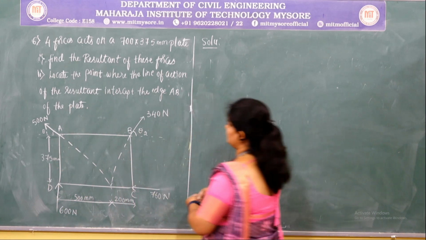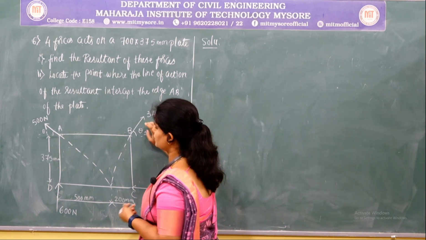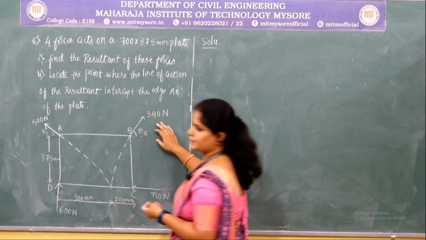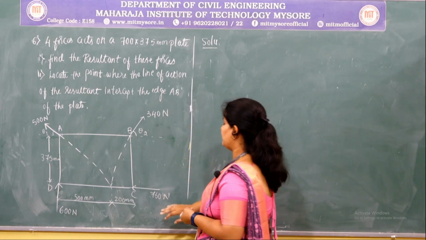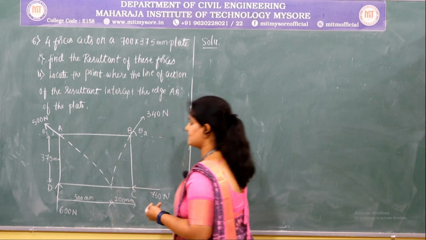So in the given question, the figure consists of 4 forces. At point A there is 500 Newton force, at point B there is 340 Newton force, at point C 760 Newton, and at point D 600 Newton.